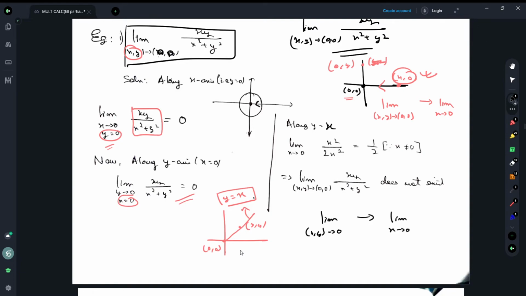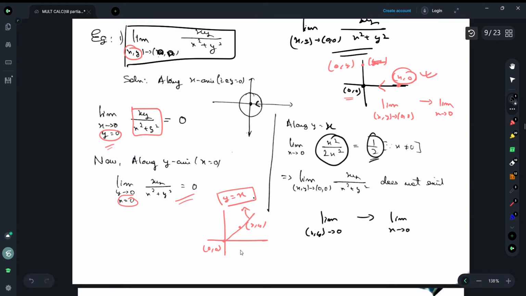And since you have y equals x along every point in this path, you can obviously put y equals x in the given function. So it changes to limit x tends to 0 of x square over 2x square, which seems like a single variable function and gives you the value 1 over 2.